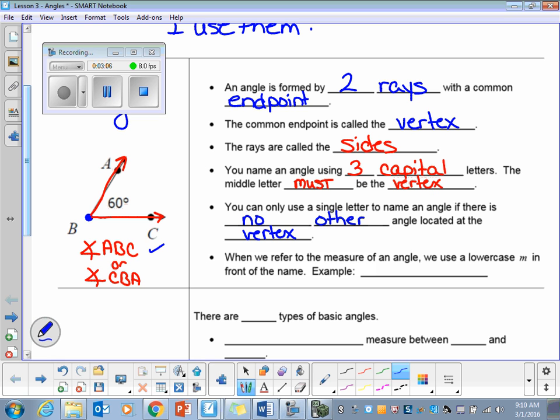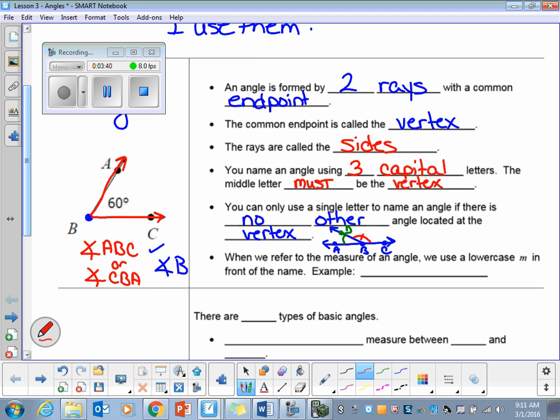So in this example, I could say angle B. That's the only angle here in this particular picture. But if I had this diagram, let's say A, B, C, I could not name this angle B because I could be talking about angle ABD, or I could be talking about angle CBD.